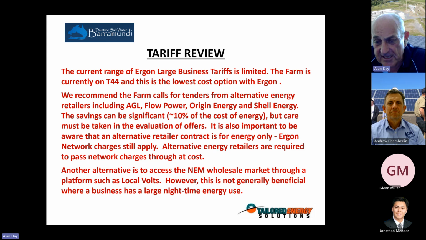It's also possible these days to use a number of different methods to access the NEM wholesale market, which can work really well if you've got a business with a high daytime energy use, because in the wholesale market, prices are often going negative through the middle of the day as they're oversupplied with solar feed-in.